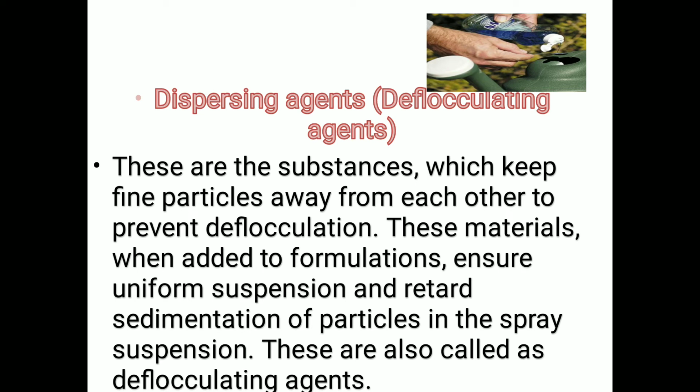That means during the formulation of a fungicide, when a dispersing agent is added, the fungicide particles do not clump with each other. If such a dispersing agent is not added, the particles of fungicides aggregate and clump together, and the efficiency of the fungicide is reduced. So to avoid that, we have to add different dispersing agents.